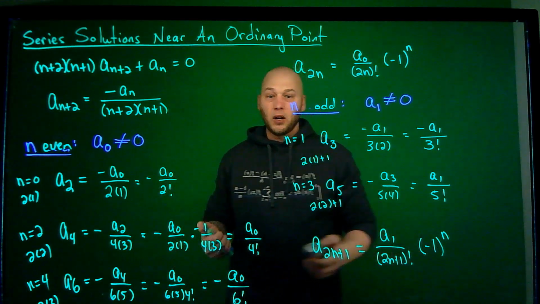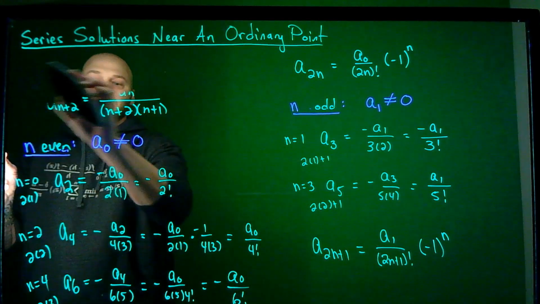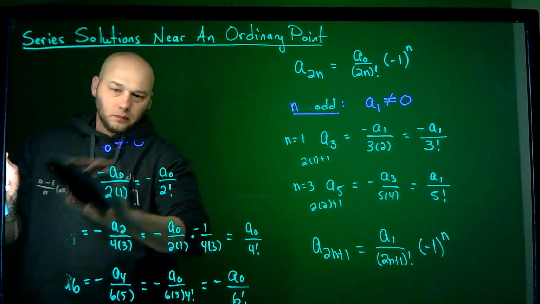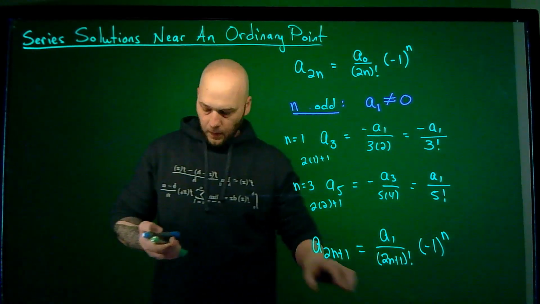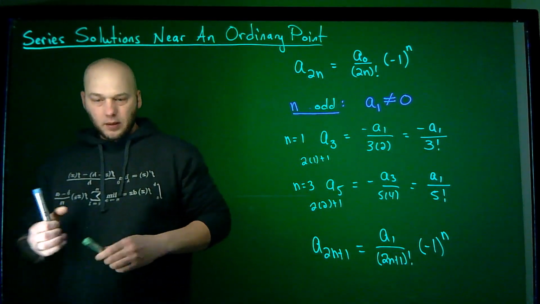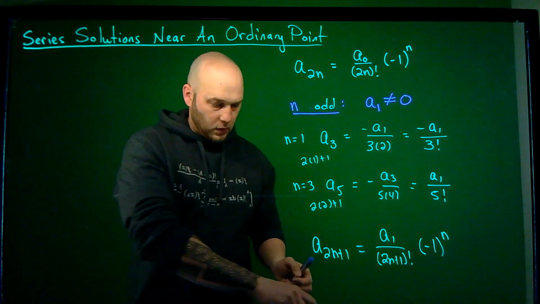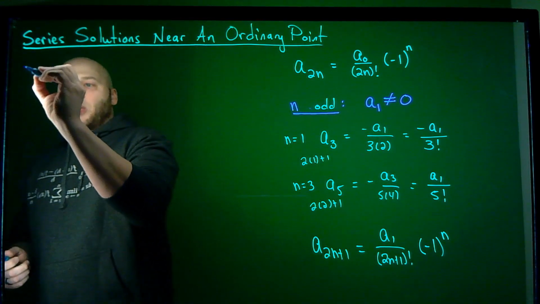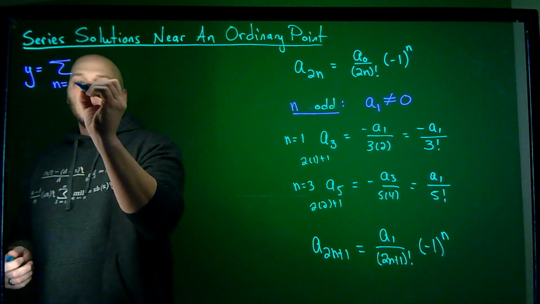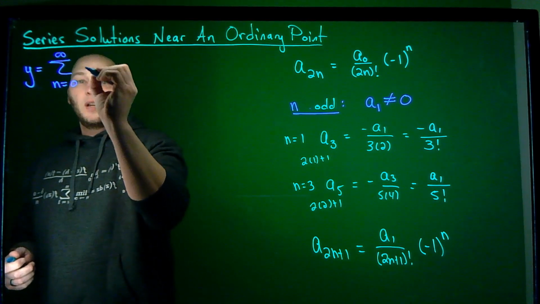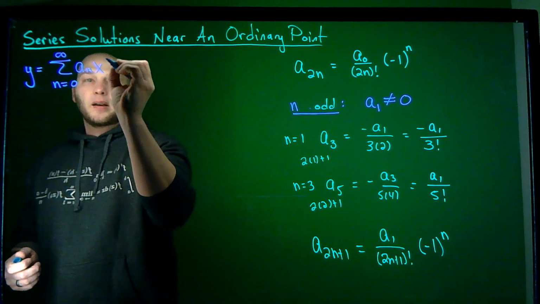Now let's look at the general solution. Remember that the series was y is equal to the summation from n equals 0 to infinity a sub n x to the n.